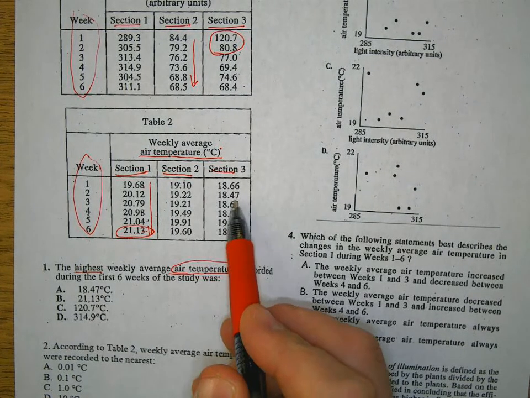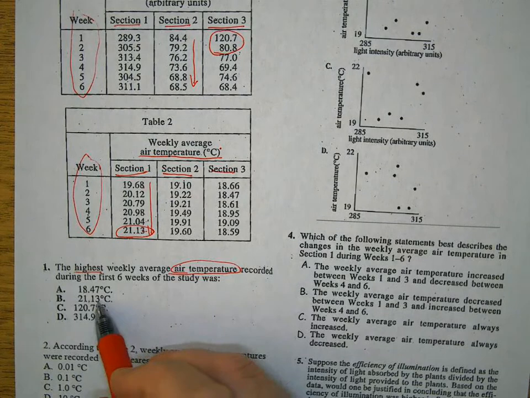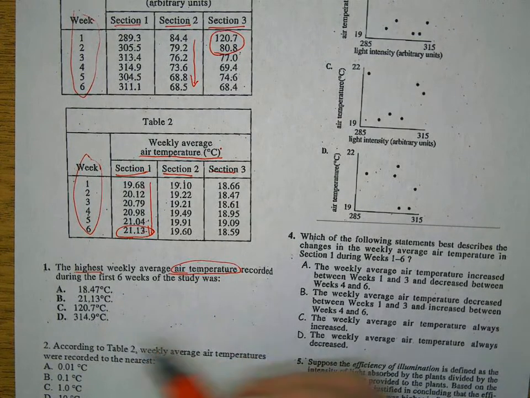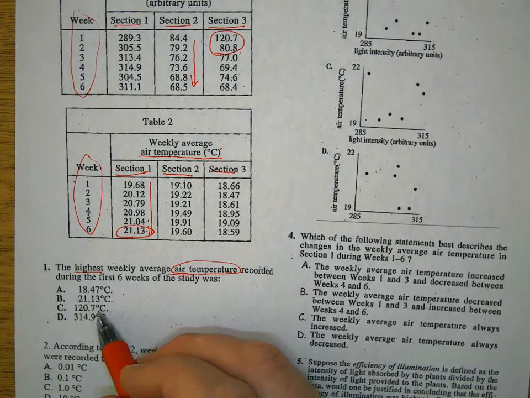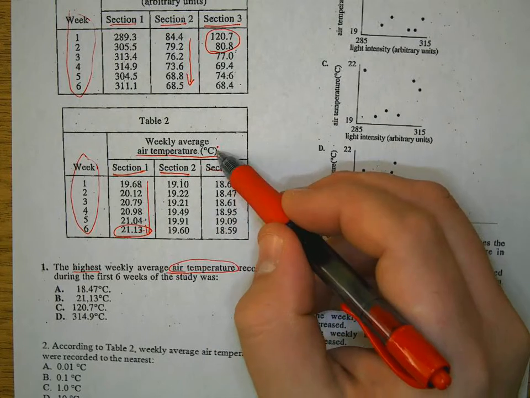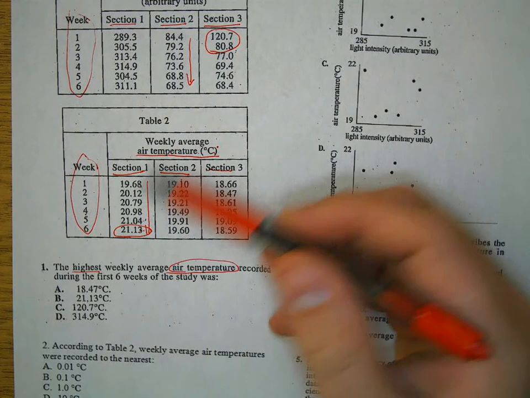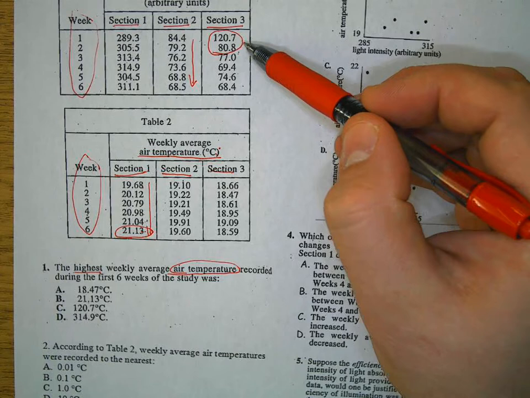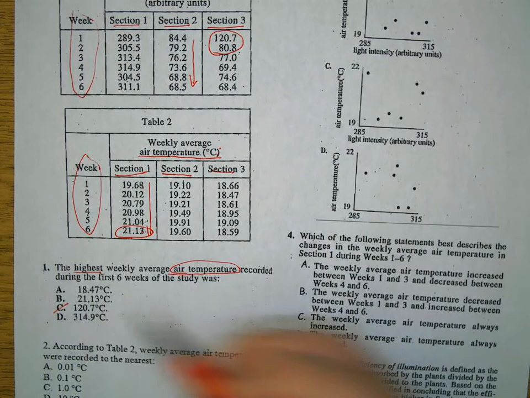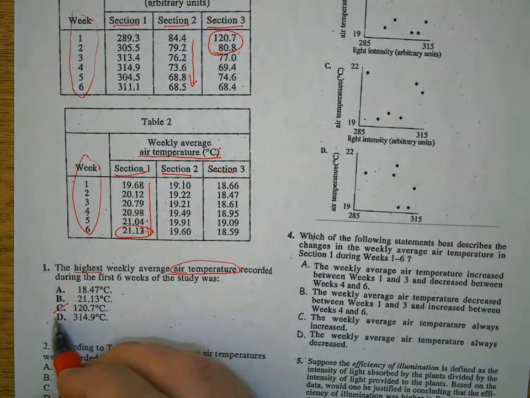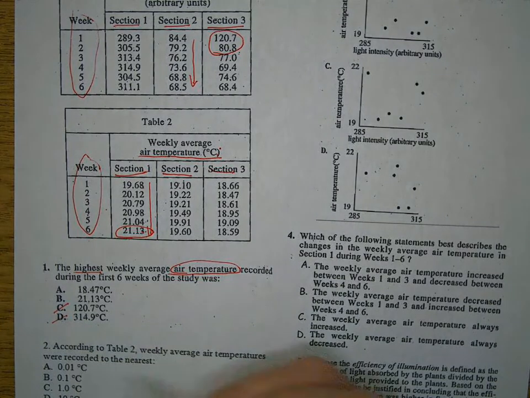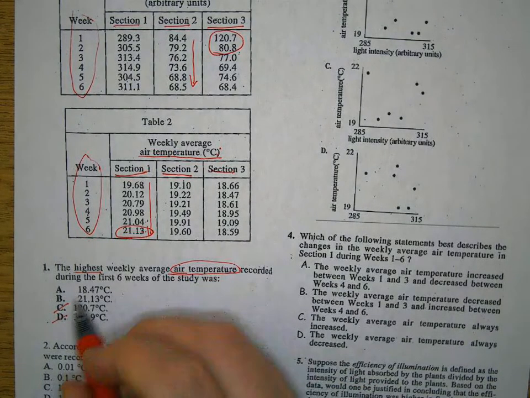Then we've got this 21.13. We know that's the answer, but let's look at the other ones. 120 degrees. This chart that says temperature doesn't have 120. That's the one up here. So we know that one's not it. We know that this one's not it because it's even higher, 314. That's like 3 times the boiling point of water. So we know that B is our correct answer.